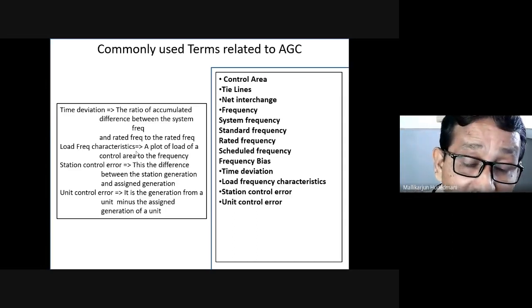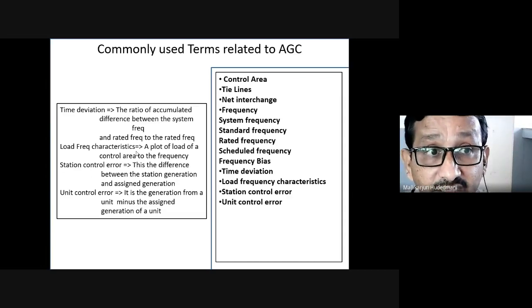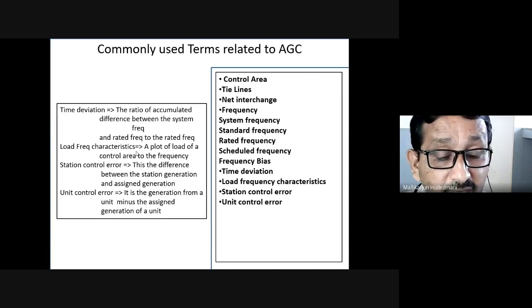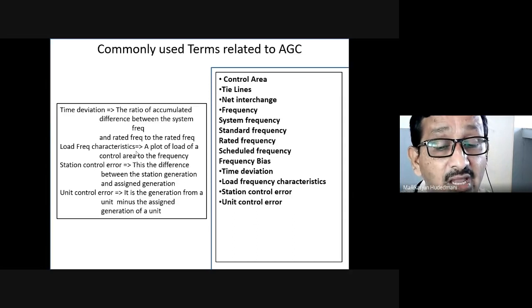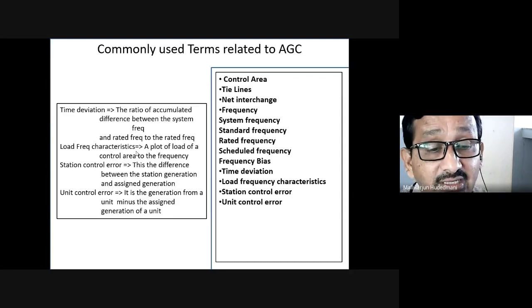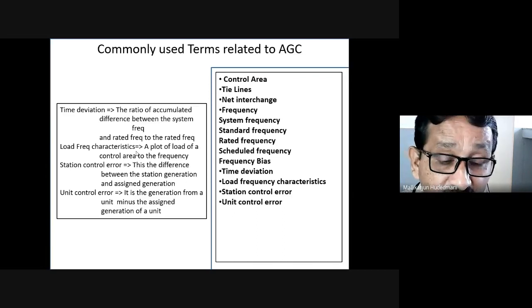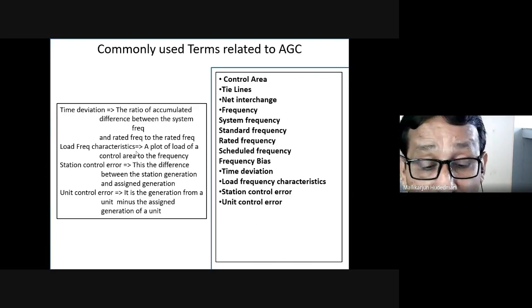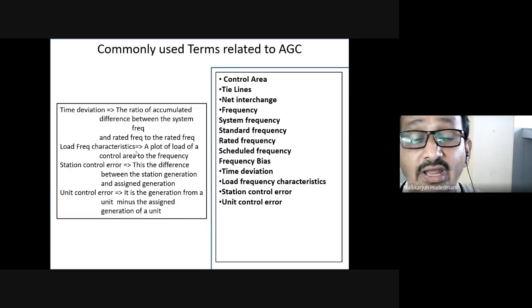Again, we have the generator and frequency curve: generator output, generated megawatt with respect to the frequency. How does a certain generator change its generation as the frequency changes, or how is it expected to change its generation when a command is given?